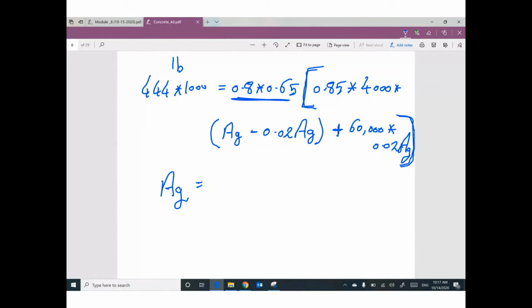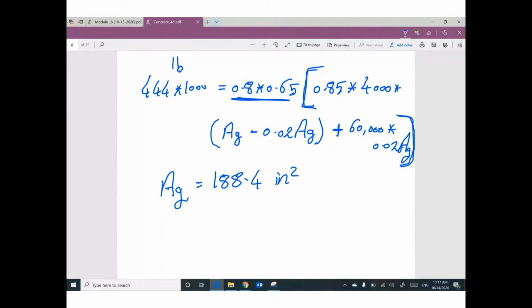So be careful: 0.85 times 4000 times, plus, times 0.8 times 0.65, divide. So your area gross will be 188.4 square inches.